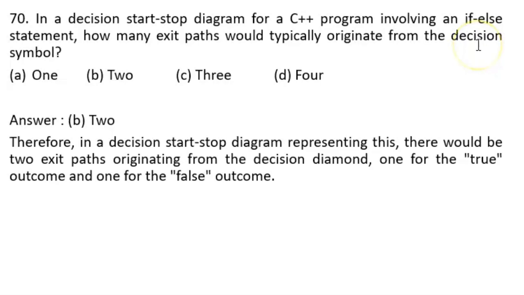The answer is two paths, because one path will be true, the other is false. There will be two exit paths originating from the decision diamond, one for the true outcome and one for the false outcome.